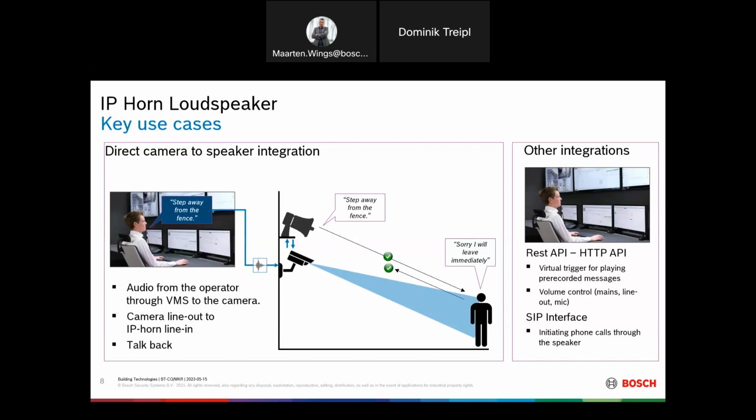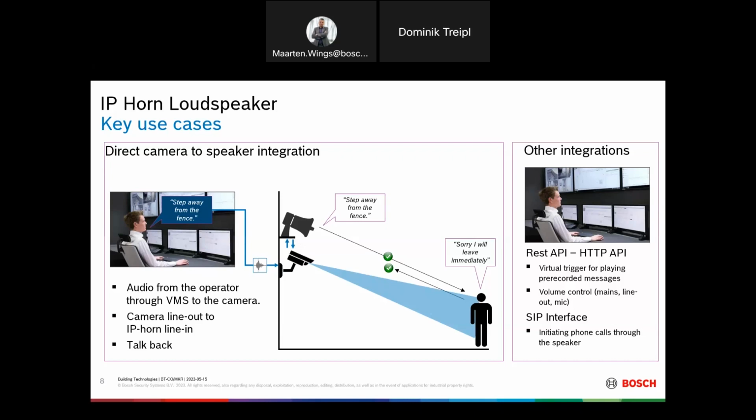Often the security operator can actually speak through a camera, but the sound that is being produced by a camera is very limited. So if we now make the integration from the audio out to the line in of the speaker, then we actually can reinforce that sound production from the camera onto the speaker, so that we get a much higher sound production through the speaker itself.